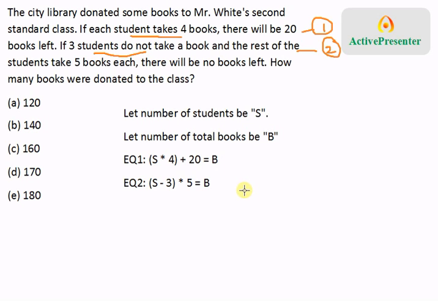Equation number 2 is for condition 2: if 3 students do not take a book and the rest of the students take 5 books each, all books are gone. So the total number of students minus 3 who didn't take a book, times 5 because each student takes 5 books, will give you the total number of books.